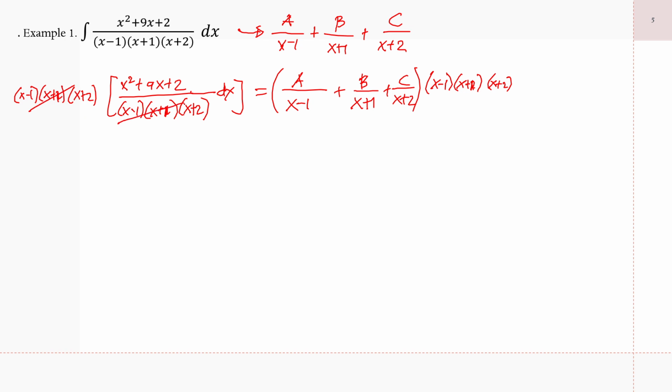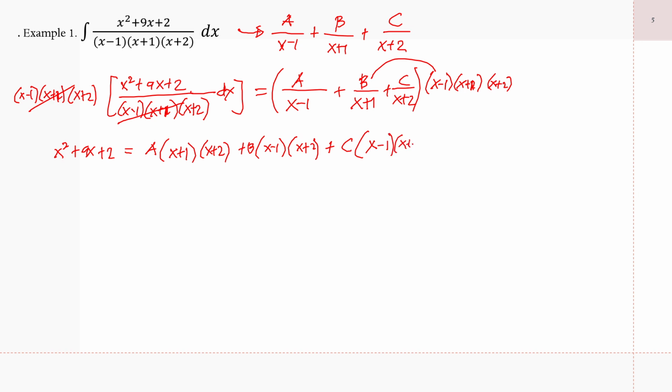So this cancels, and the remaining is x squared plus 9x plus 2 equals A times (x plus 1)(x plus 2), plus B times (x minus 1)(x plus 2), and for C, we have (x minus 1)(x plus 1).